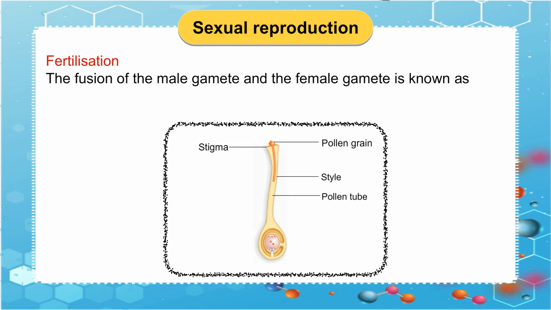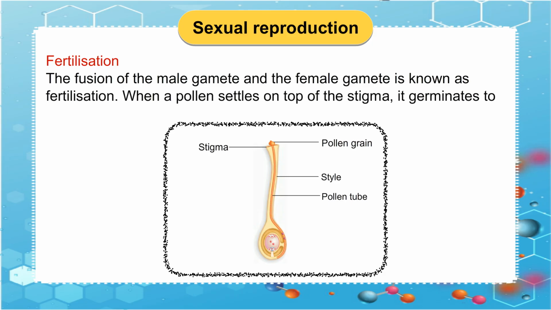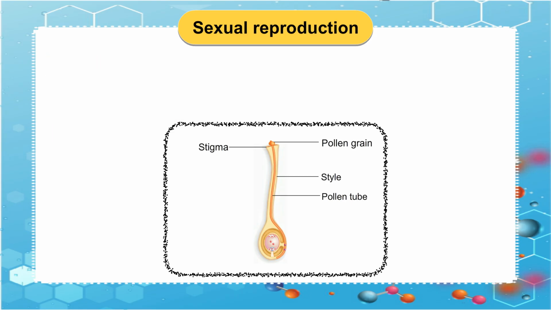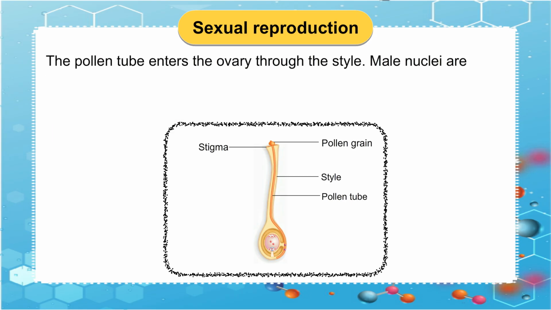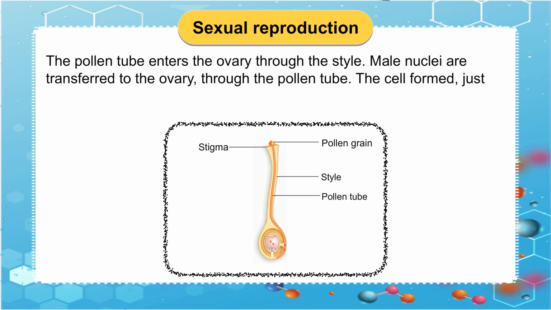Fertilization. The fusion of the male gamete and the female gamete is known as fertilization. When a pollen grain settles on top of the stigma, it germinates to produce a pollen tube. The pollen tube enters the ovary through the style. Male nuclei are transferred to the ovary through the pollen tube.